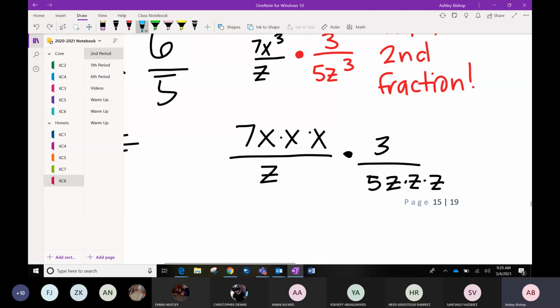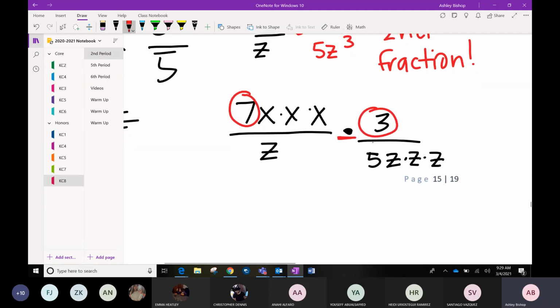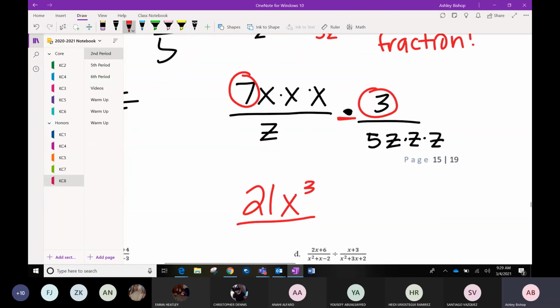So this is how I rewrite what I have nicely. I have 7 times 3 on top. So I'm going to remember my numbers go in front. 7 times 3 is 21. And then I have 3 x's that follow that. So 3 x's would be x to the 3rd power. Divided by, I cleaned up the top.